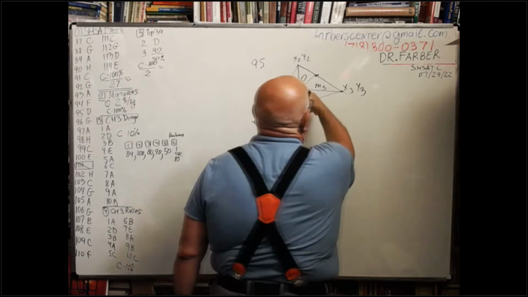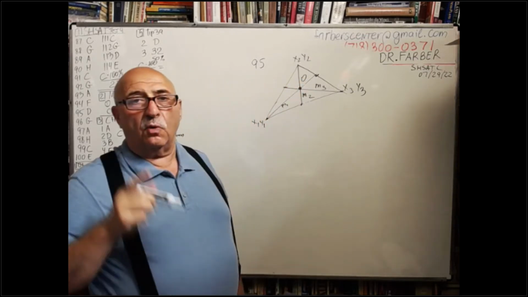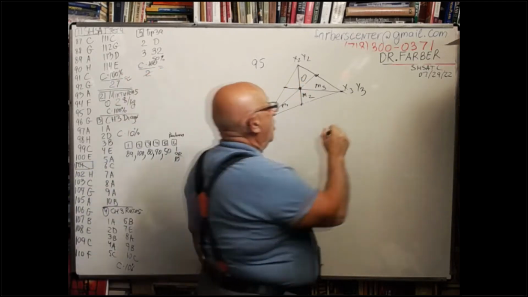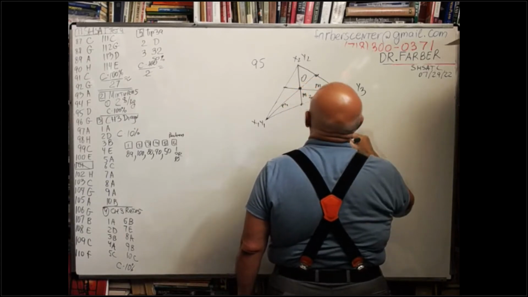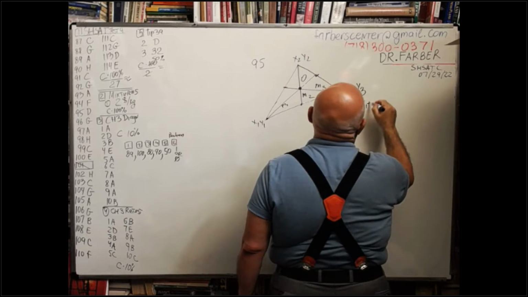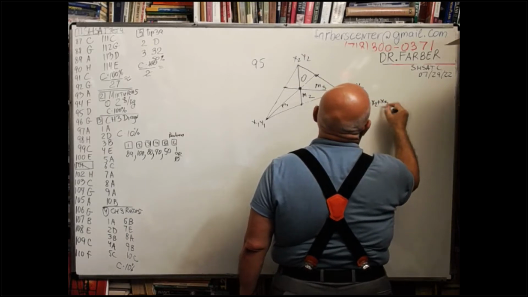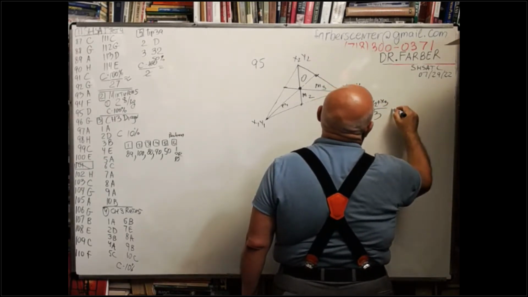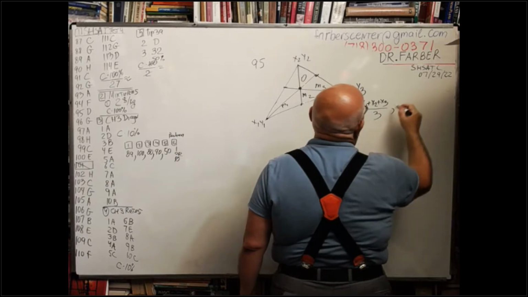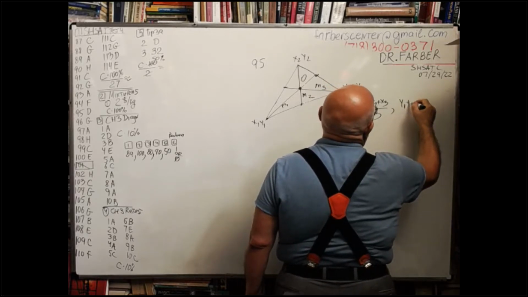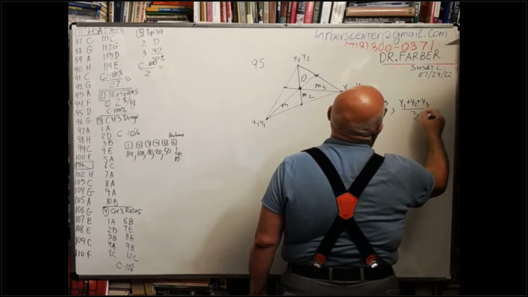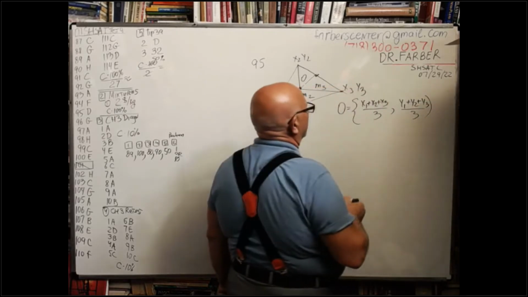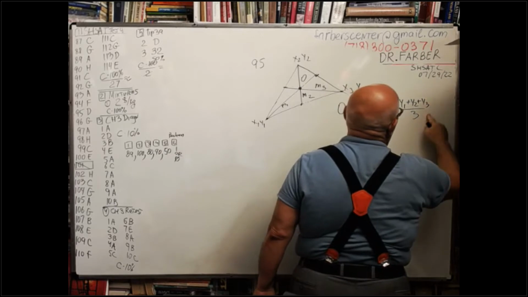So O is the point of intersection of all medians, and O has coordinates x1 plus x2 plus x3 divided by 3. And the y coordinate is y1 plus y2 plus y3 divided by 3. Average of these coordinates, and also put the braces.